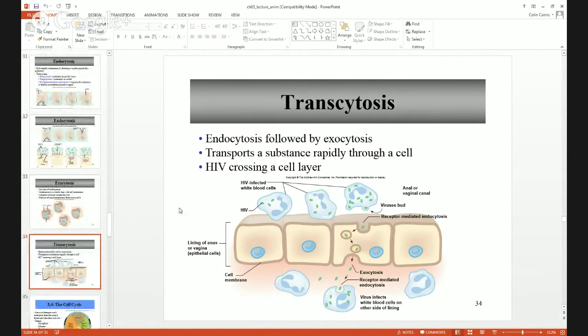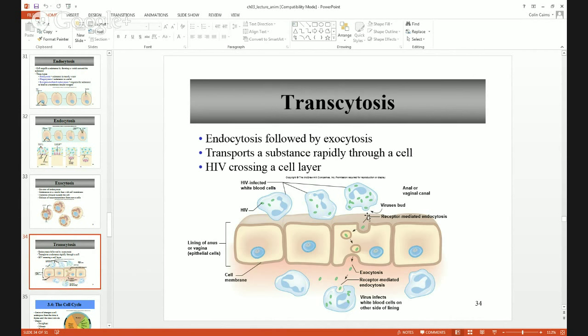And then transcytosis is endocytosis followed by exocytosis, transporting a substance rapidly through a cell. An example of that would be HIV crossing a cell layer. In this part, we have infected white blood cells. There are viruses.